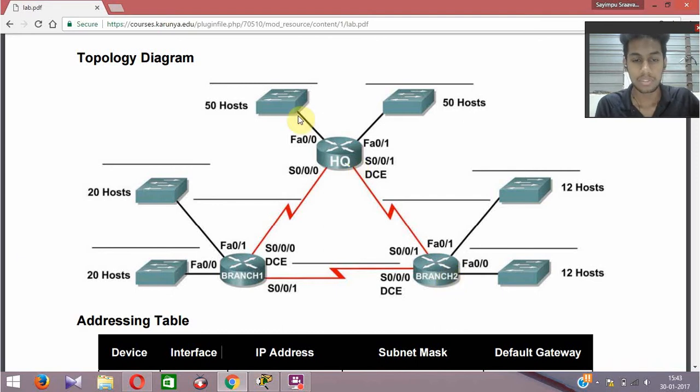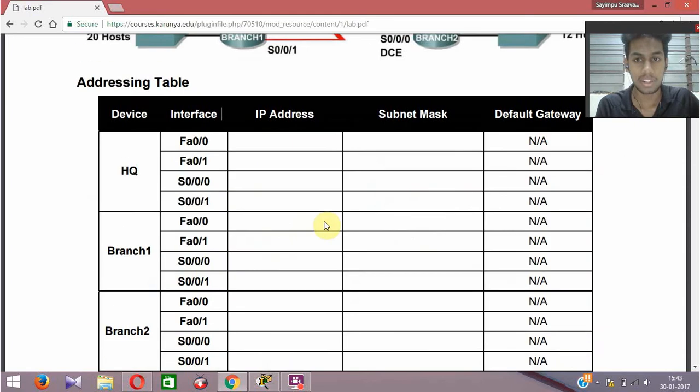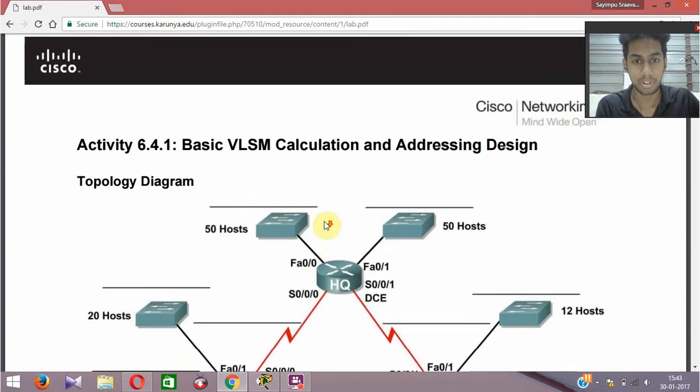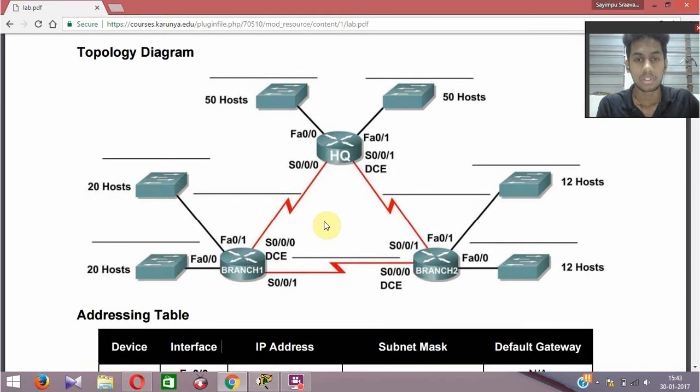We are given one IP address with subnet mask /24, and we are expected to segregate it into 9 different networks. So this is how it's done.